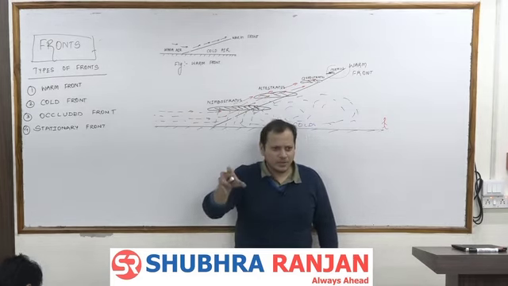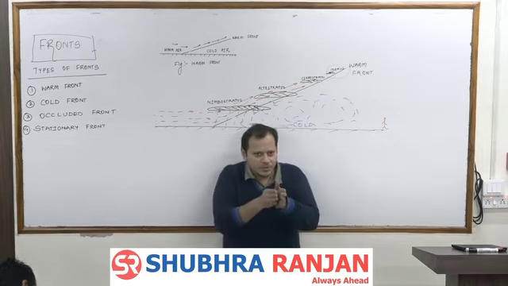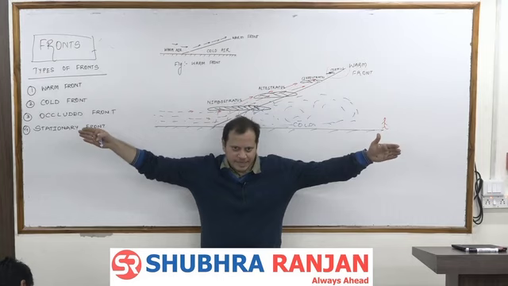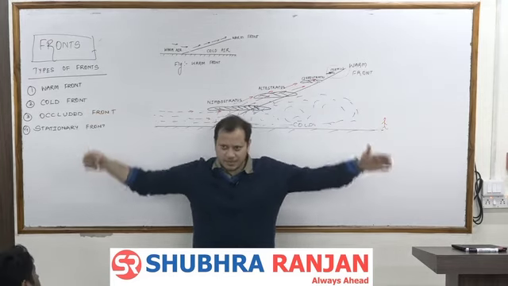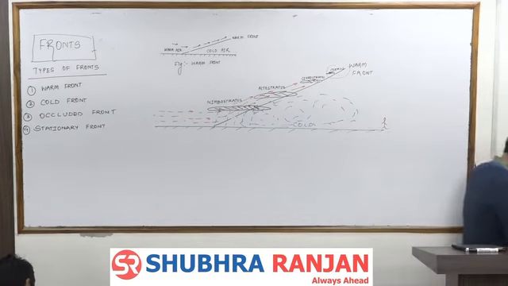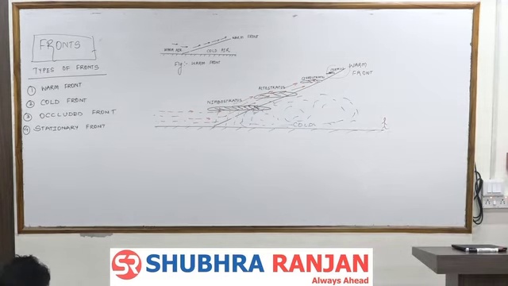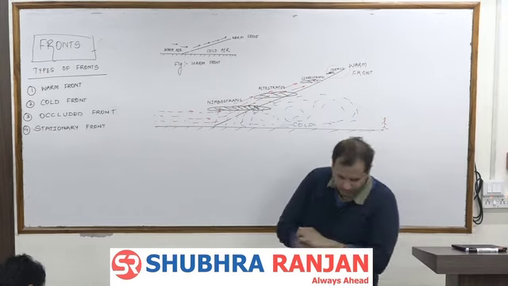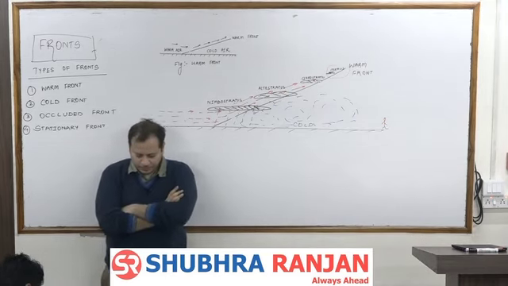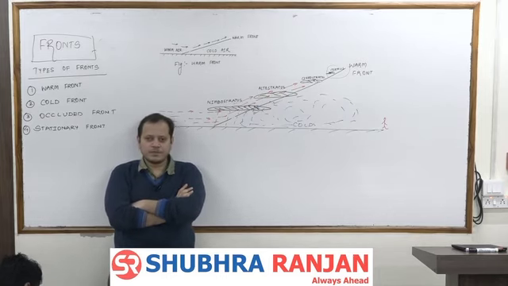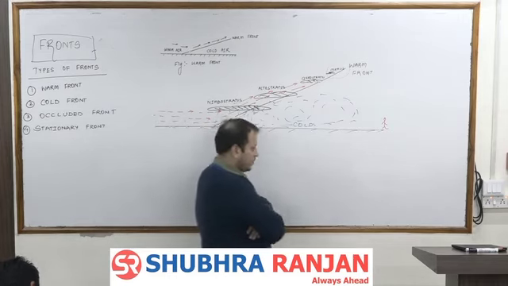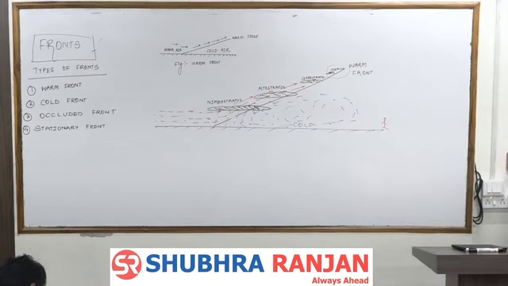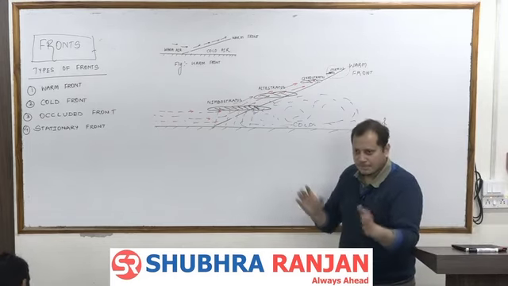Don't write all this, nimbo, alto; that is understood, that will be on the height. Why? Because the air is going up slowly, so the cooling is occurring in a sheet-like manner. Whenever it occurs in a sheet-like manner, it forms stratus clouds, which give gentle to moderate precipitation for a longer duration. That's it. Very easy to understand.